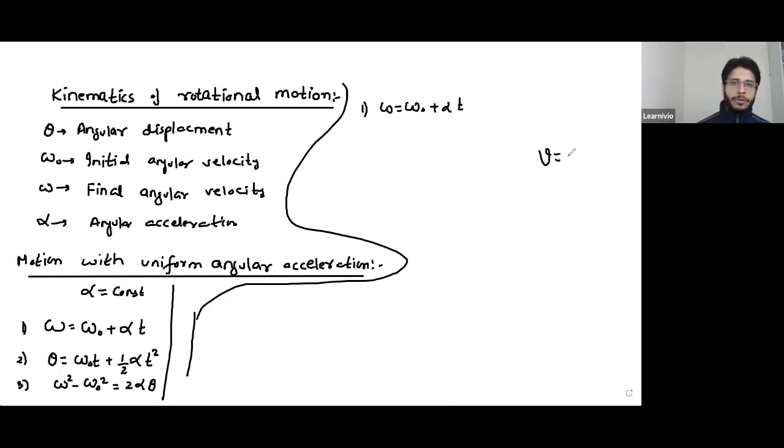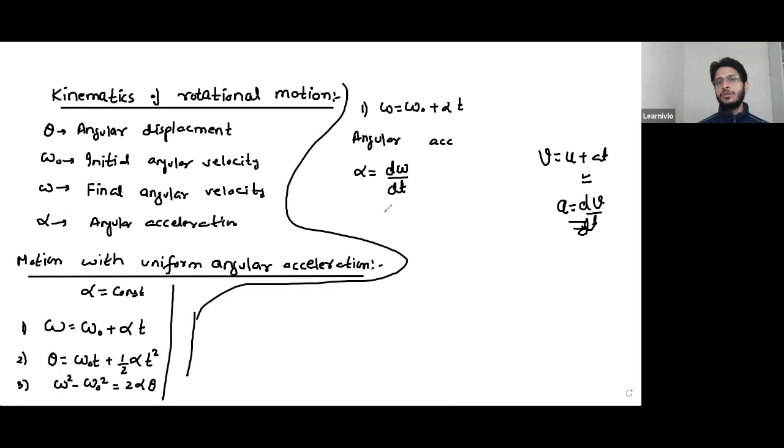To derive it, we started with the equation of acceleration, that acceleration is dv by dt. In the same way, here you will write angular acceleration alpha.